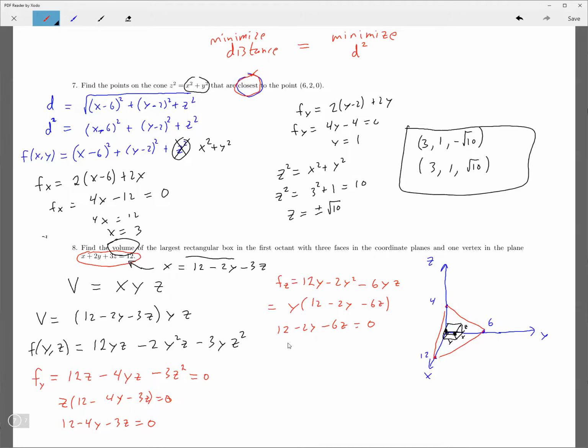And now I guess we could rearrange these two. Why don't I factor a 2 out of there too?